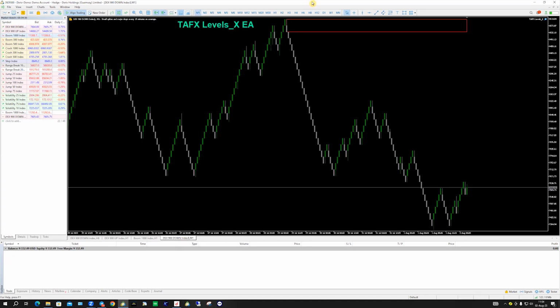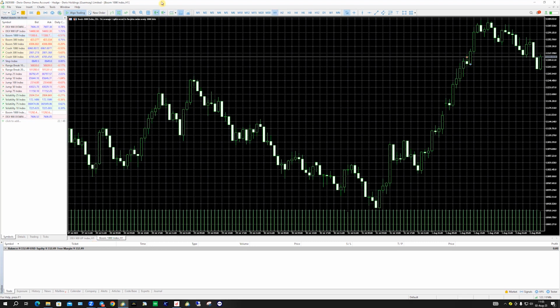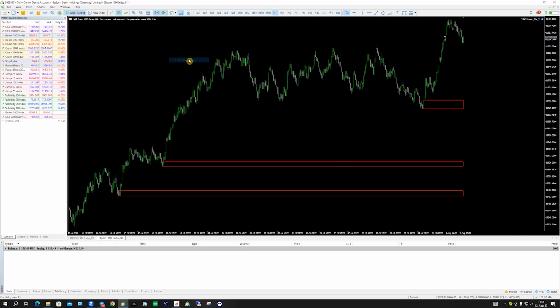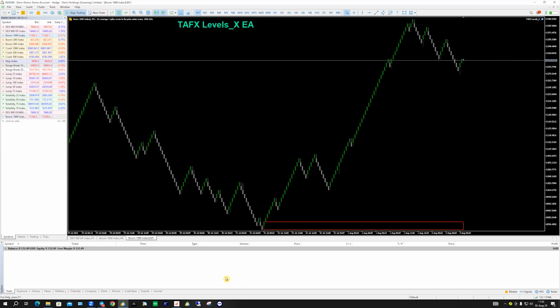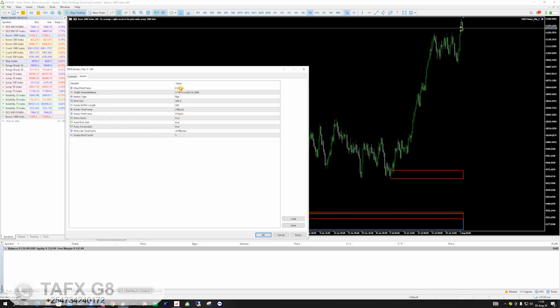Just a minute. My internet is very slow today. Let's give an example again for this Boom 1000. For example, if this is 8 hours, you can change it to any time frame. Let's say, for instance, if I want the daily, you can see the chart time frame here.